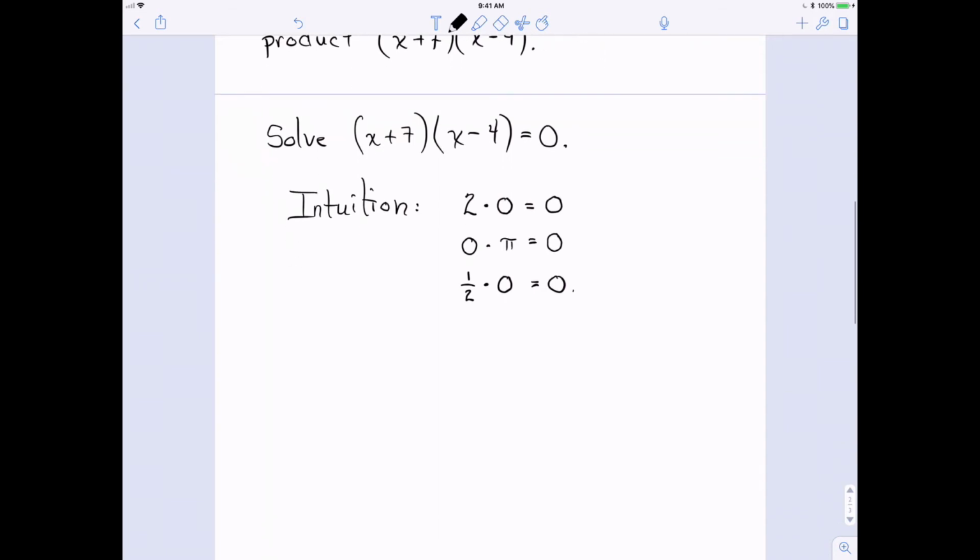So, in other words, what if x plus 7 was 0? So what if I had the problem of 0 times x minus 4? It doesn't matter. This could be anything. And the result is still 0.